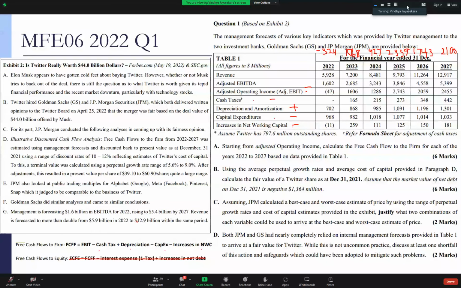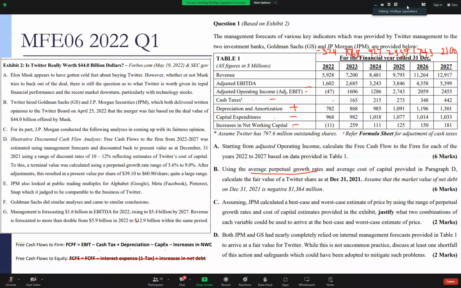The question says, use the average perpetual growth rate. So what is the average perpetual growth rate?